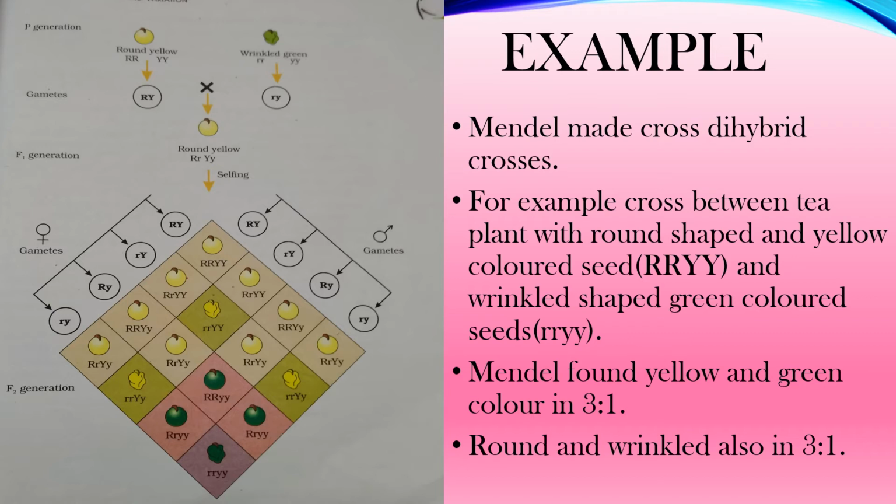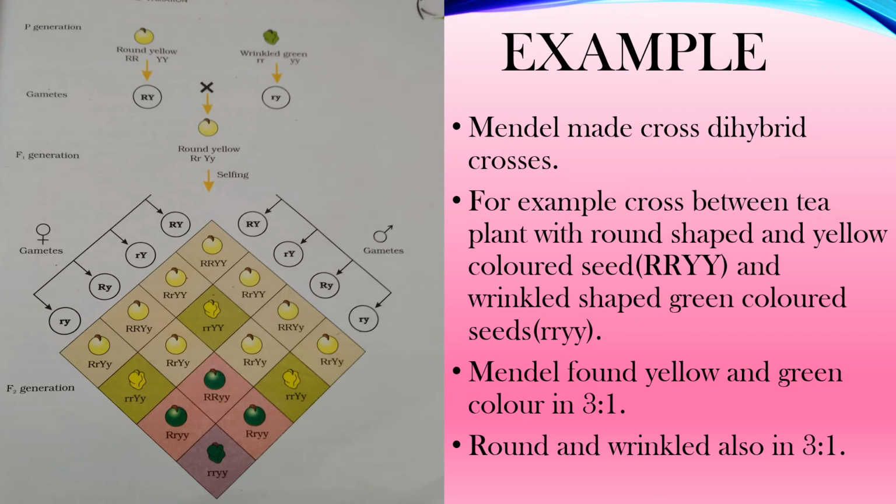If we are talking of the two characters separately, you should know that a dominant character is denoted by a capital letter and a recessive character by a small letter. So wherever capital R is there, even a single one, it will be round.